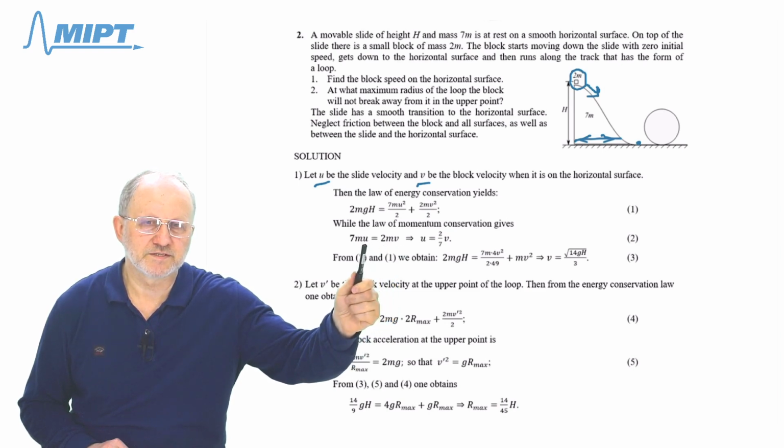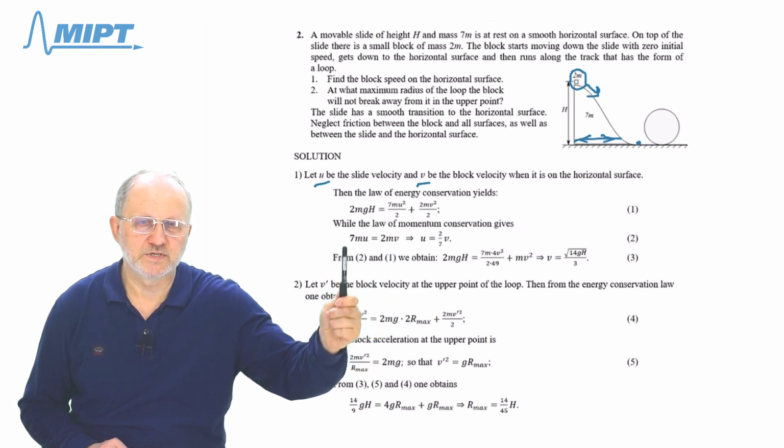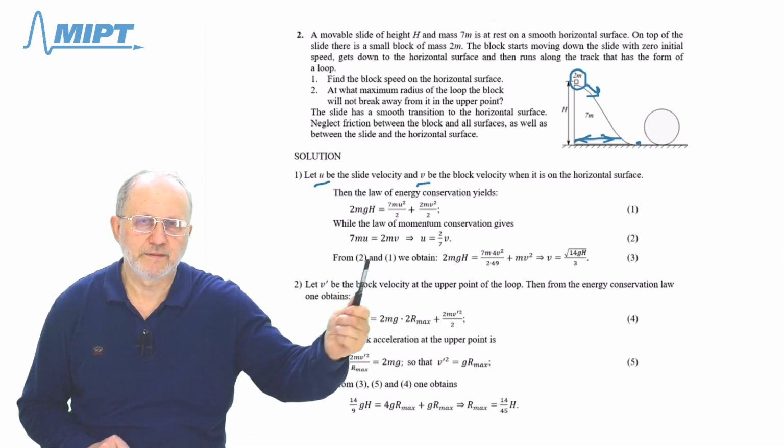We understand that the slide moves to the left and the block moves to the right, and so what is written here is that the momentum of the slide equals the momentum of the block. Why so? Because the initial momentum of the system is 0, so the final total momentum is also 0.